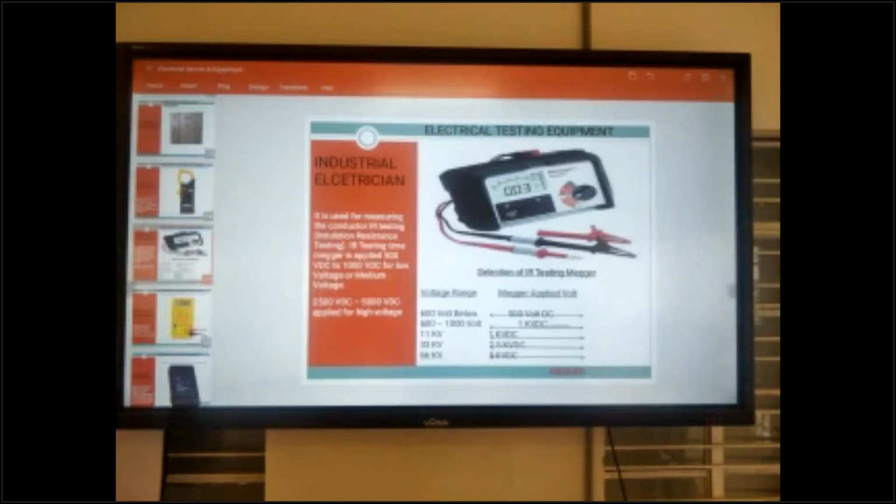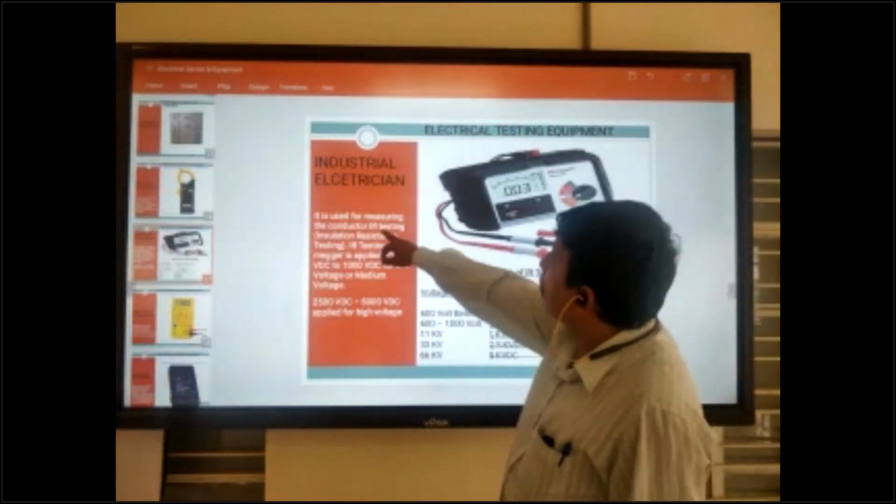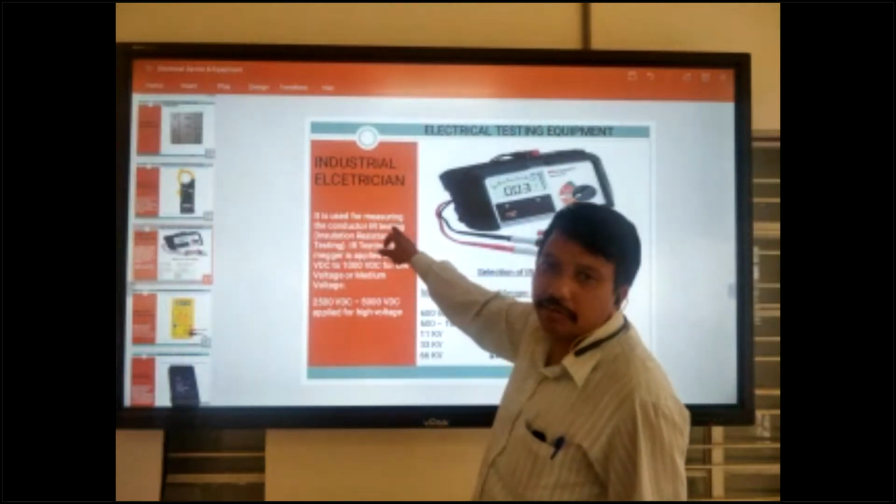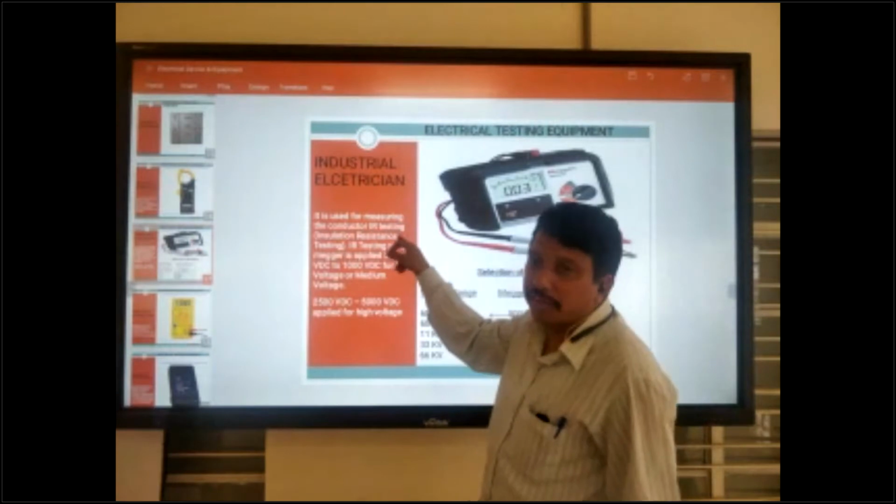The next one is the megger. The megger is also a testing equipment. Definition: it is used for measuring the conductor IR testing.